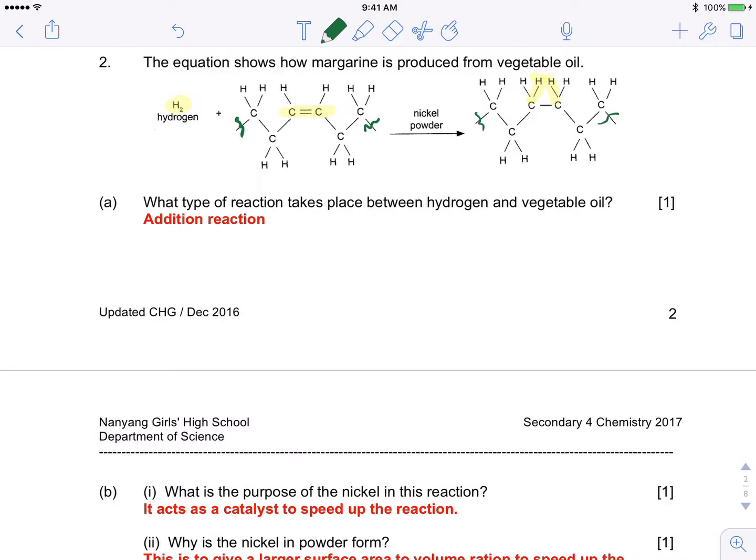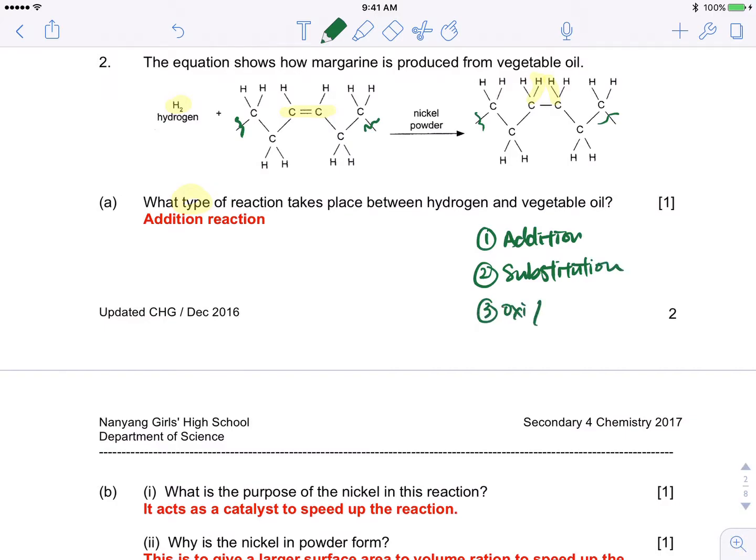Okay, what type of reaction takes place between hydrogen and vegetable oil? Okay, when they ask you for type of reaction, you have to write down the following types of reaction. 1. Addition. 2. Substitution. 3.